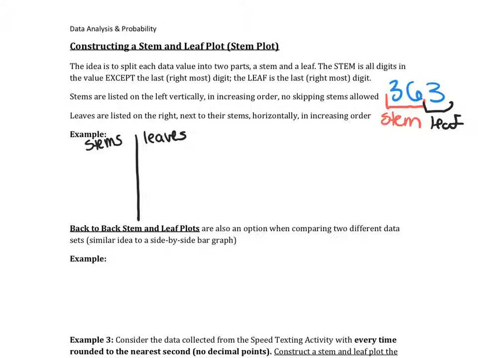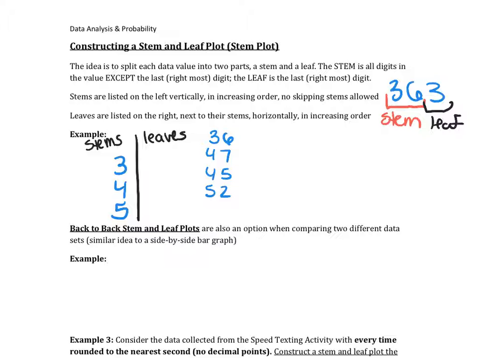So let's say we have the data values of like 36, 47, 45, and 52. If those are our data values, we wanted to write them as a stem and leaf plot. Everything but the last digit, so the 3, 4, and 5, those would be our stems. And then for the leaves, we would take our last digit.